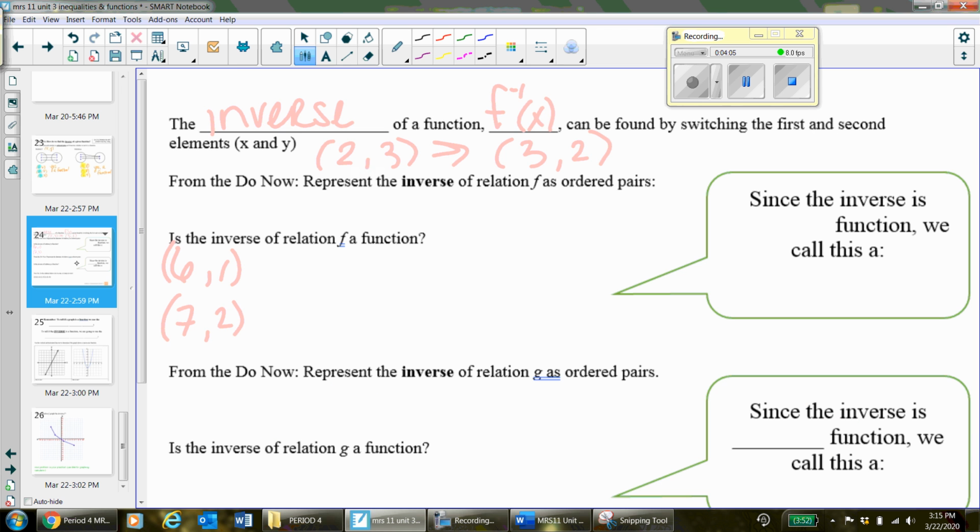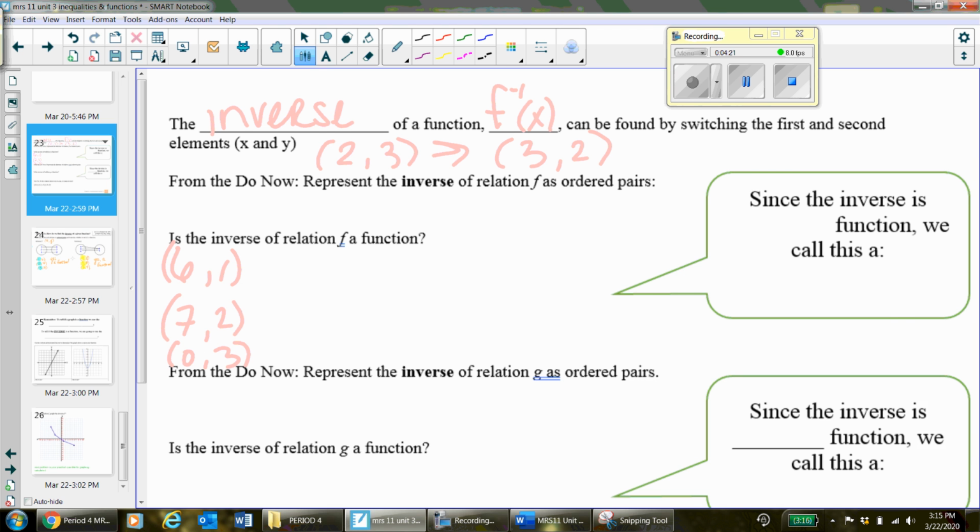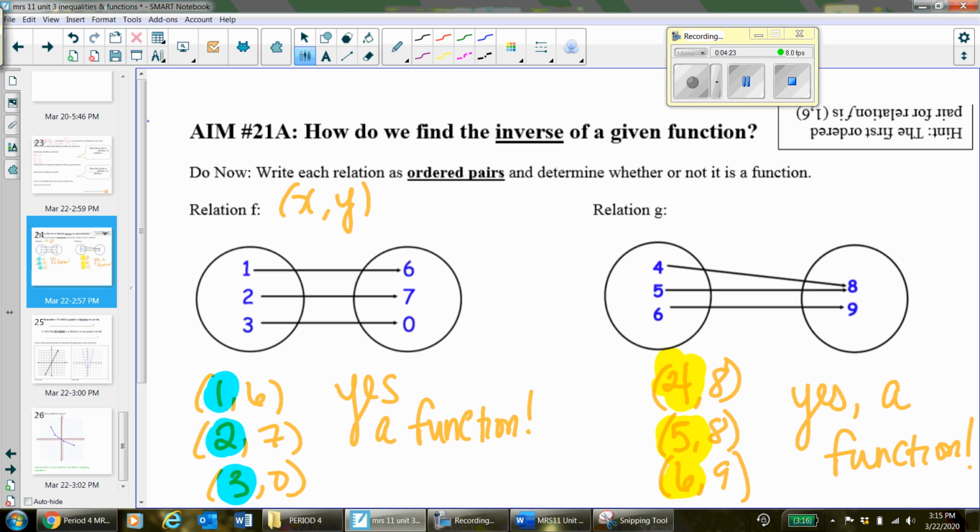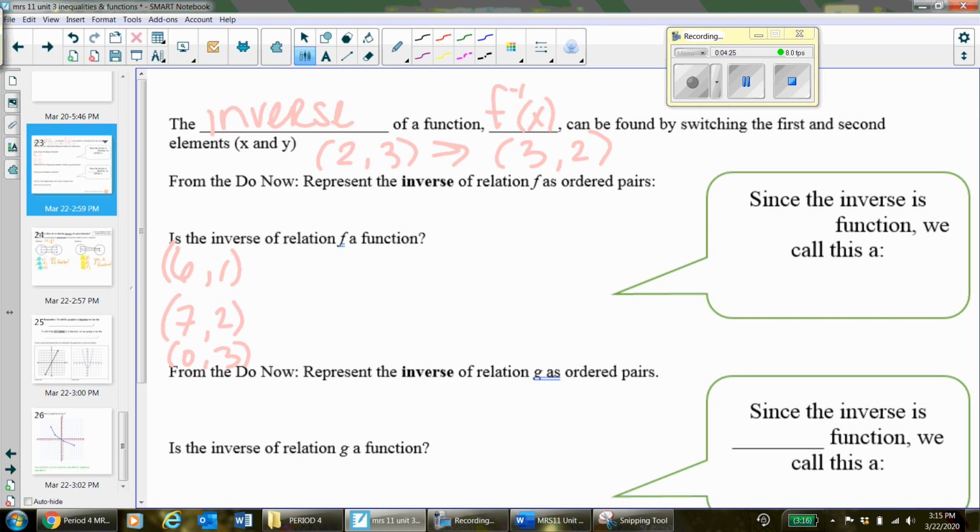And then 3, 0 becomes 0, 3, sorry. So it's the opposite of what we have here. Awesome.